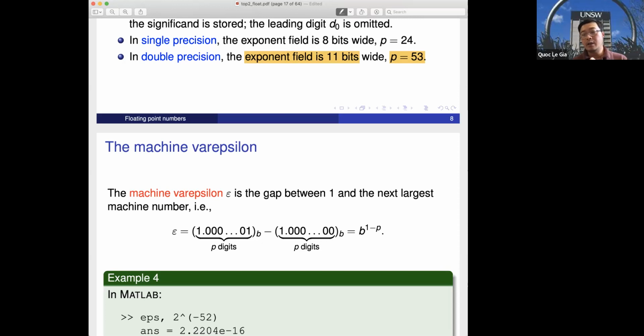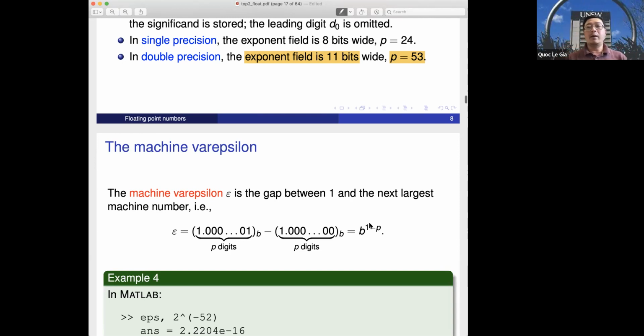If you read in the lecture notes, they have some special cases, so that's why the range is slightly different. I don't remember off the top of my head, but something like minus 1023 to plus 1023, because they have some special cases. If we don't have special cases, then you can have up to minus 1024 and plus 1024.